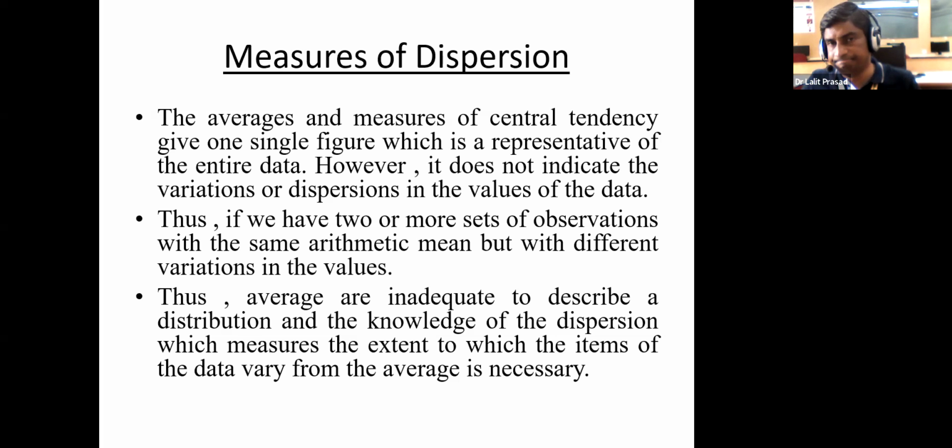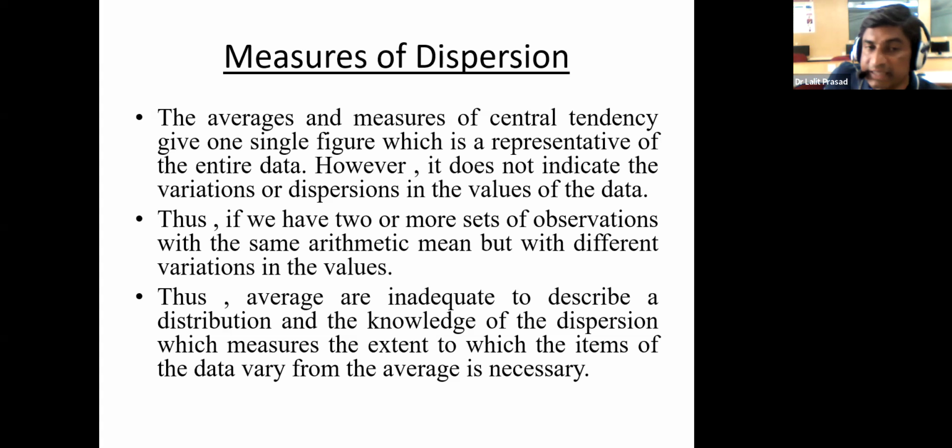The averages and measures of central tendency give one single figure, which is representative of the entire data. However, it does not indicate the variation or dispersion in the values of the data. Only one value it is giving.